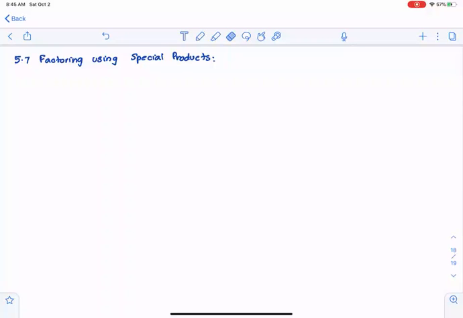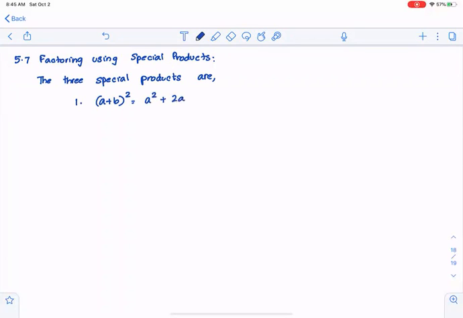So as a refresher, the three special products are: one, a plus b squared is equal to a squared plus 2ab plus b squared.